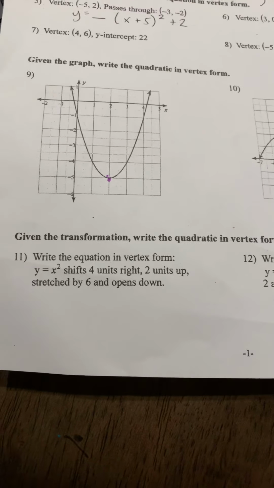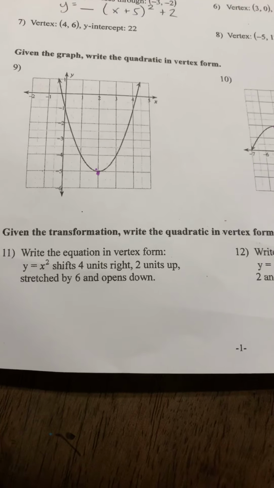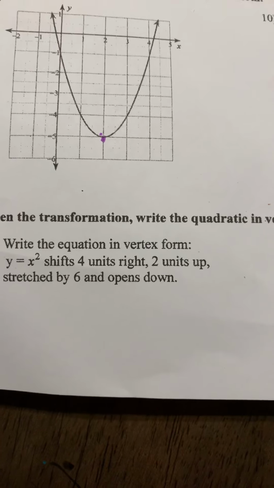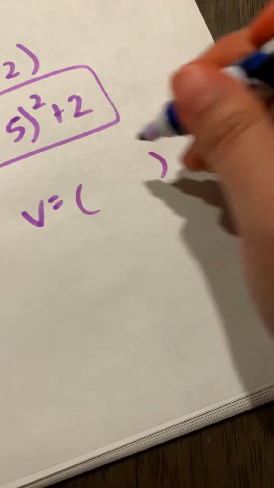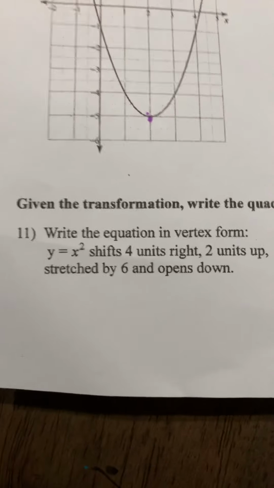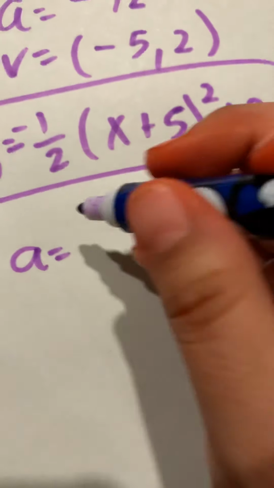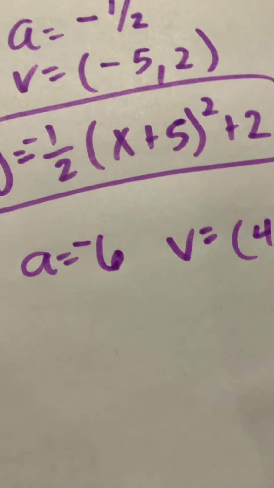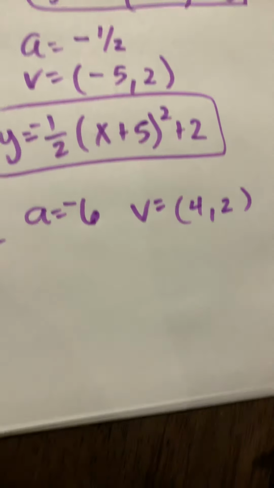So if you guys want, we can write out the A and the vertex. 4 units right, 2 units up, so that would mean we have a vertex of 4, 2. Stretch by 6 and opens down, that's A. Stretch by 6 and opens down makes it negative. So there's our A and our vertex.